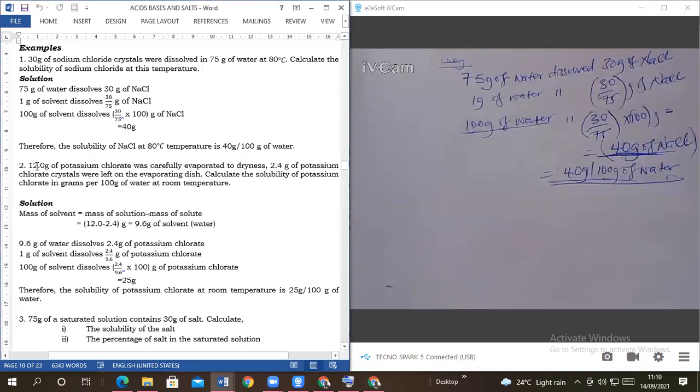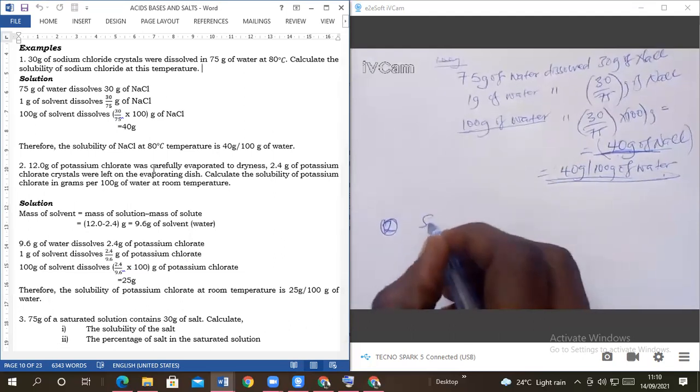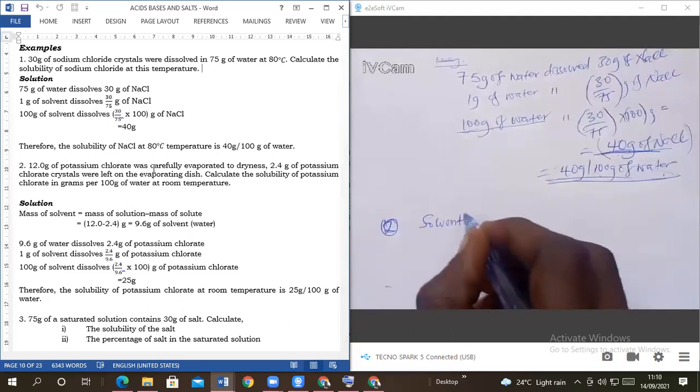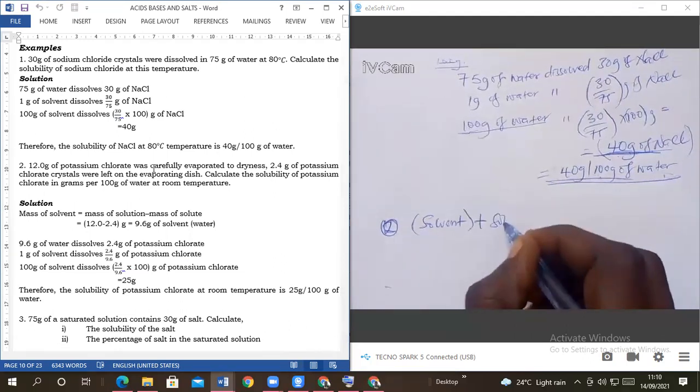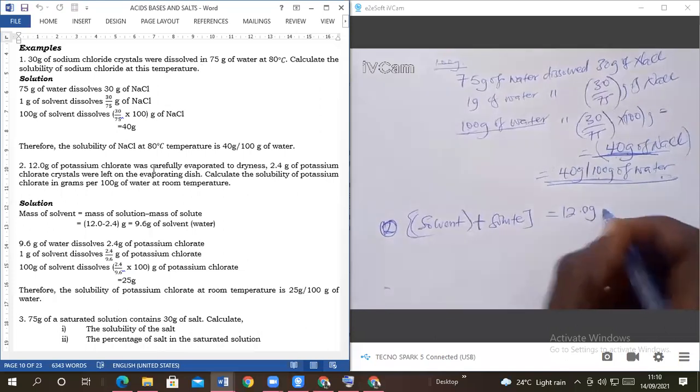That means it was heated to dryness, meaning these 12 grams had even the mass of the solvent. So the solvent plus the solute, all of them were there in the 12.0 grams.